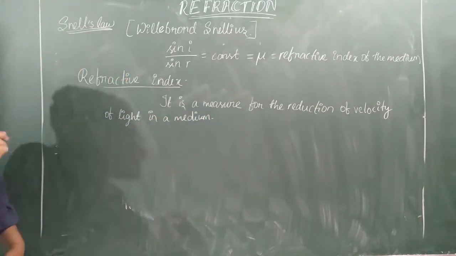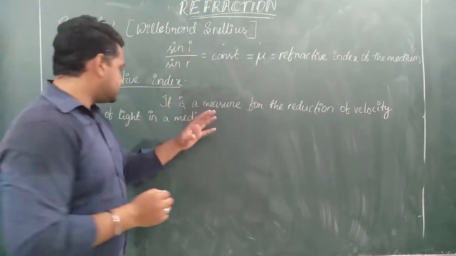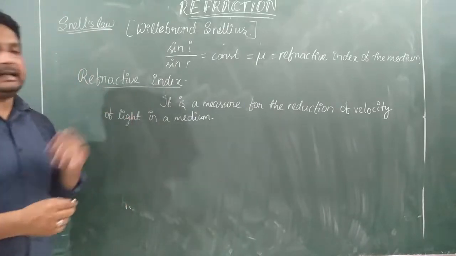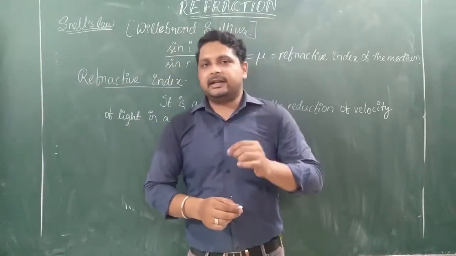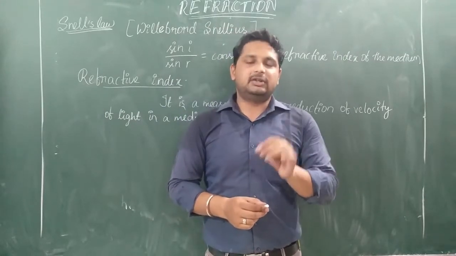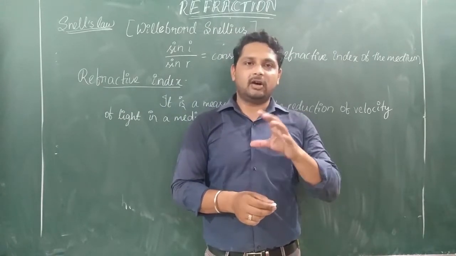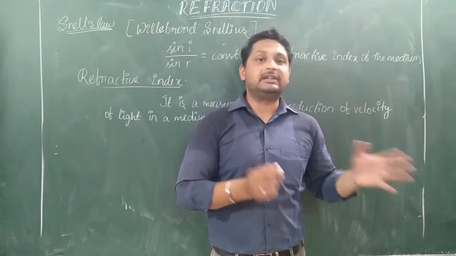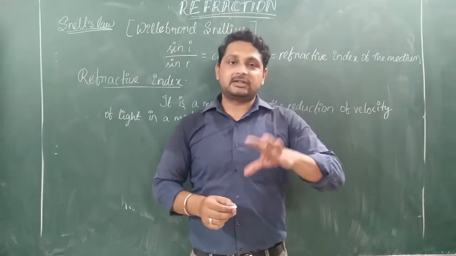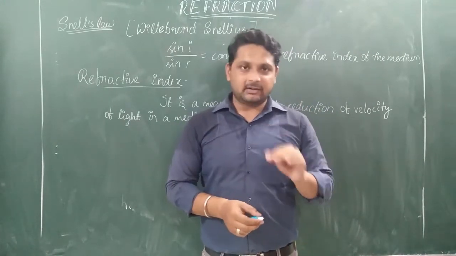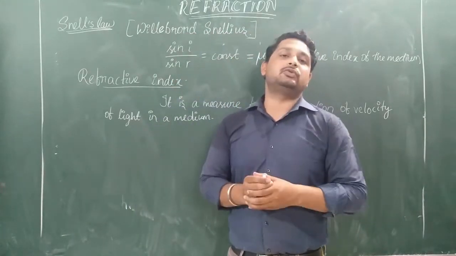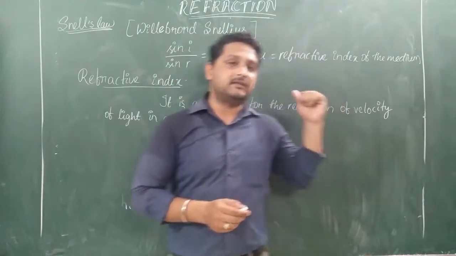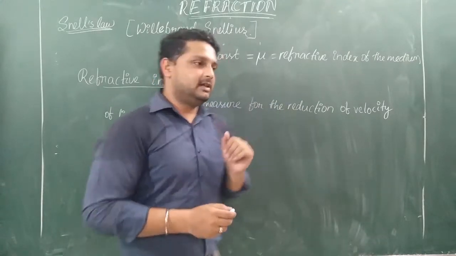We already studied that refraction occurs due to a change in velocity when the light ray goes from one medium to another. Since the velocity of the light ray changes, it bends, and refraction occurs. So how much the velocity will be reduced is given by the refractive index.